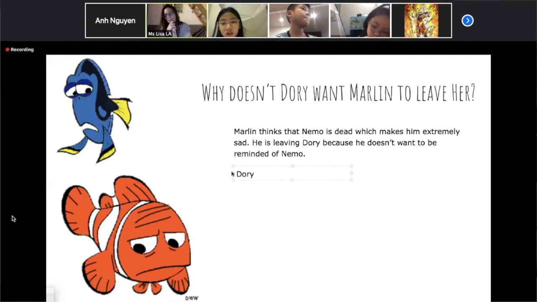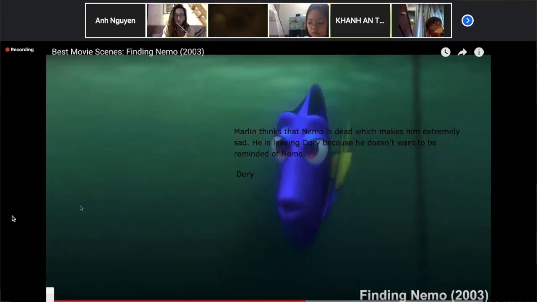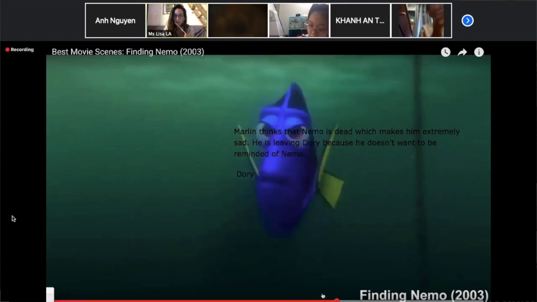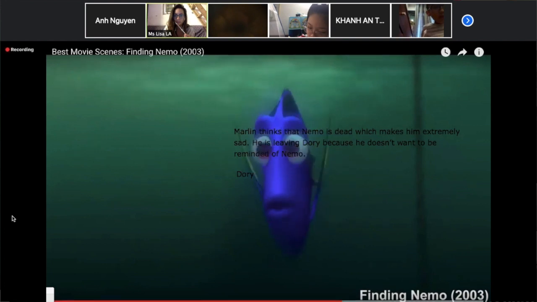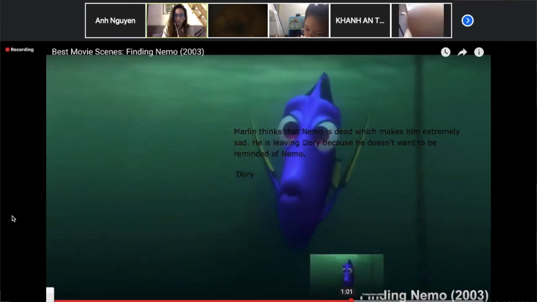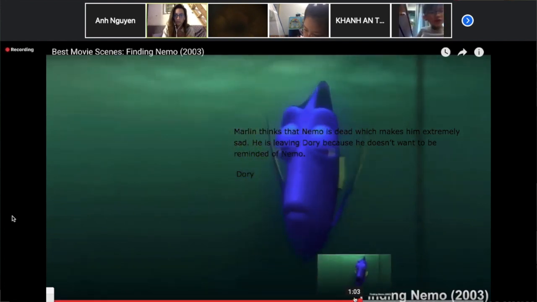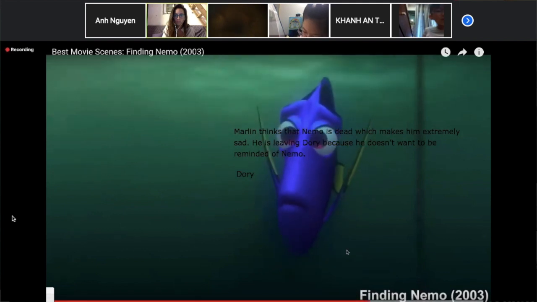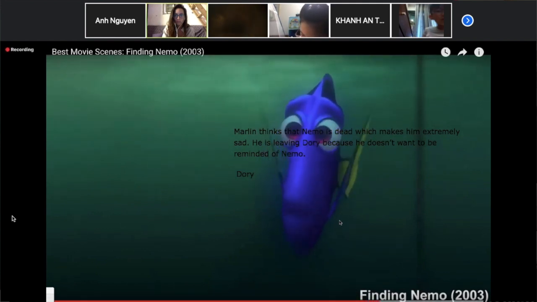So what does Dory say when she's with Marlin? She says, I remember things when I'm with you. And I do. It's there. I know it is because when I look at you, I can feel it. And I look at you and I'm home.